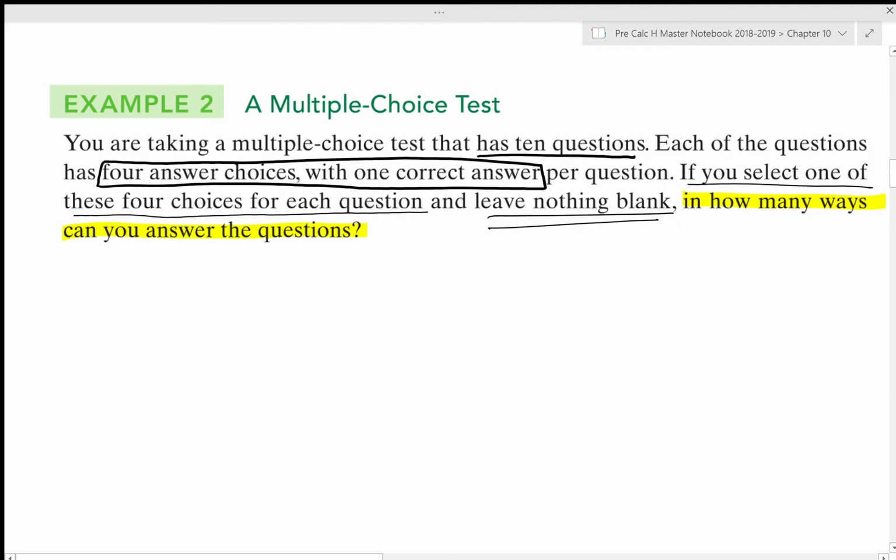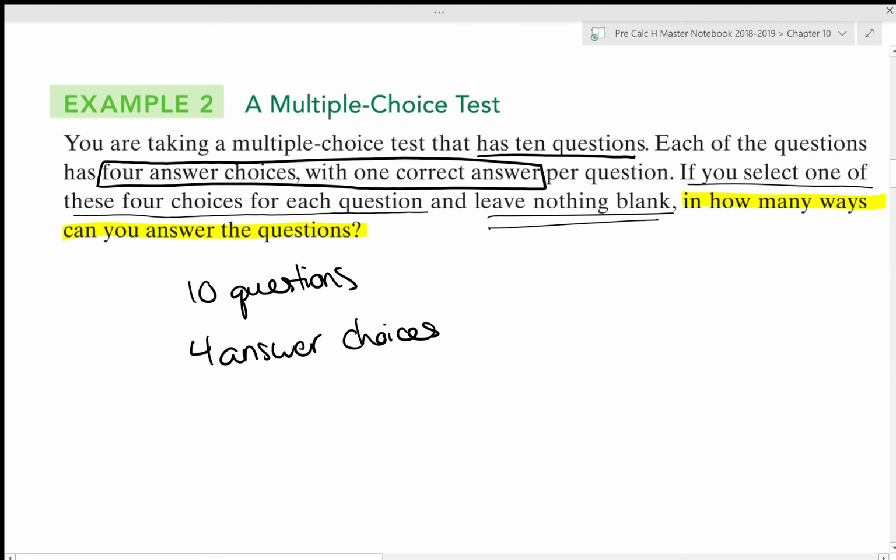That's the next step that you'll do in your actual statistics course. But if we want to know how many ways can you answer all 10 questions, we have to think, for all 10 questions, all of them have the same amount of outcomes, 4 answer choices.